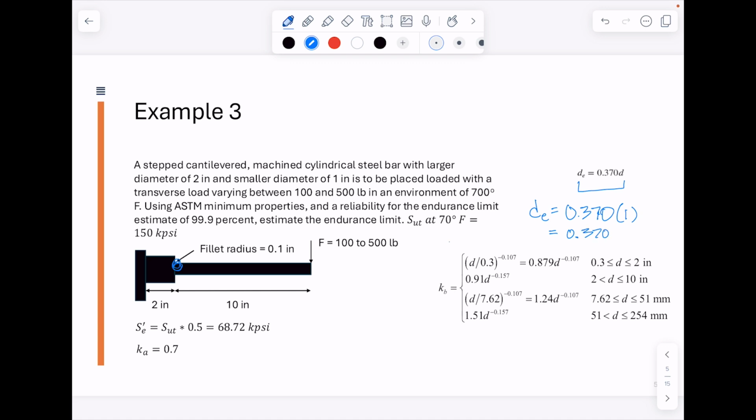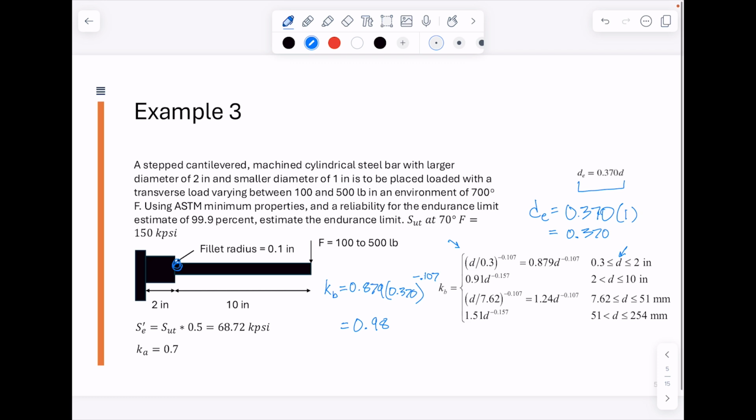And now we will plug that into our Kb equation here. So we have our Kb is going to be equal to 0.879 times our effective diameter of 0.370, all to the negative 0.107. And that will be equal to 0.98.